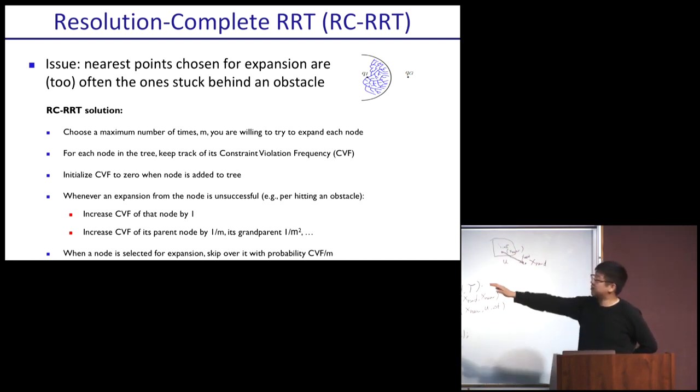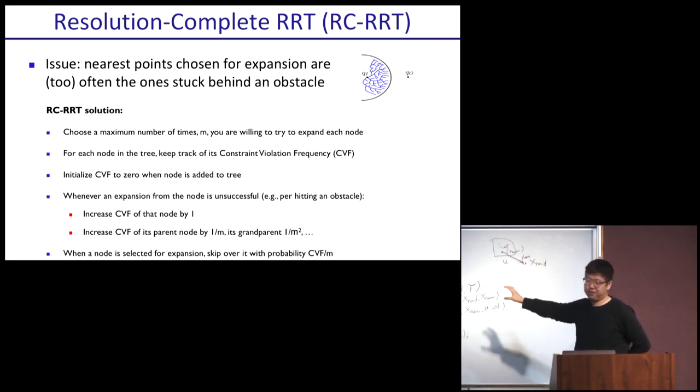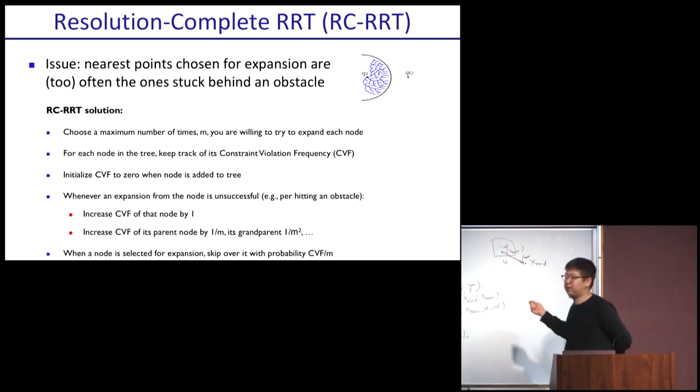And in this algorithm, when we choose the nearest neighbor and we see it has been rejected a few times, or failed a few times, we just give it 80% probability to still expand this node, and with 20% probability, we choose the second nearest neighbor.